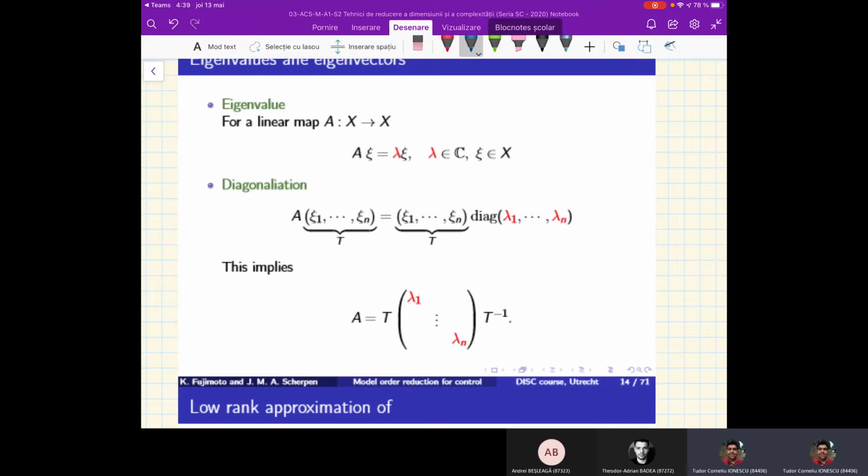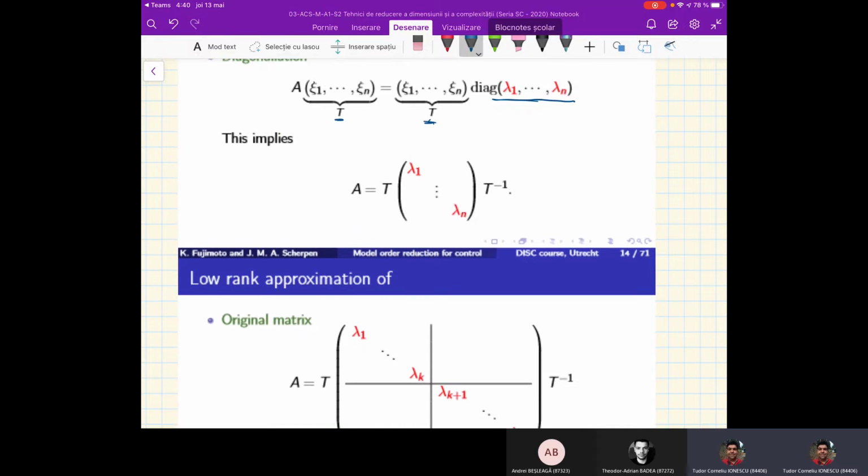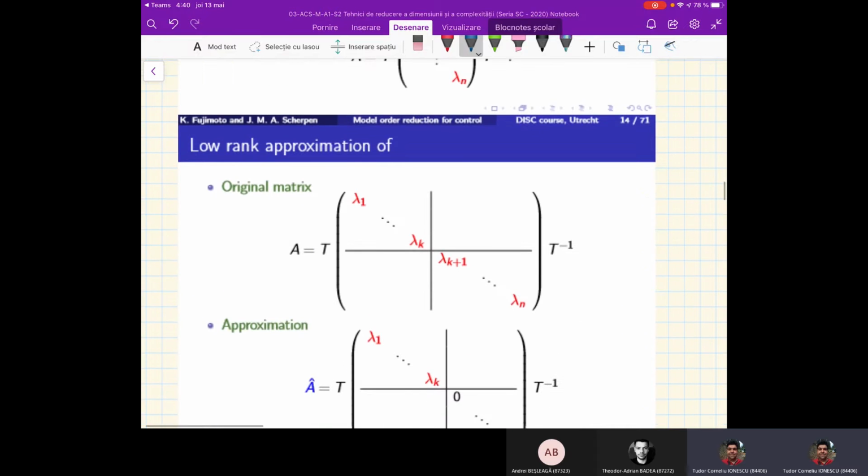If you diagonalize, you get A psi1 up to psi n equals psi1 up to psi n times the diagonal matrix of the eigenvalues. This is the diagonalization transformation. We know we can do that. This is the usual way to perform diagonalization. Then A is of this form. This is the original matrix.